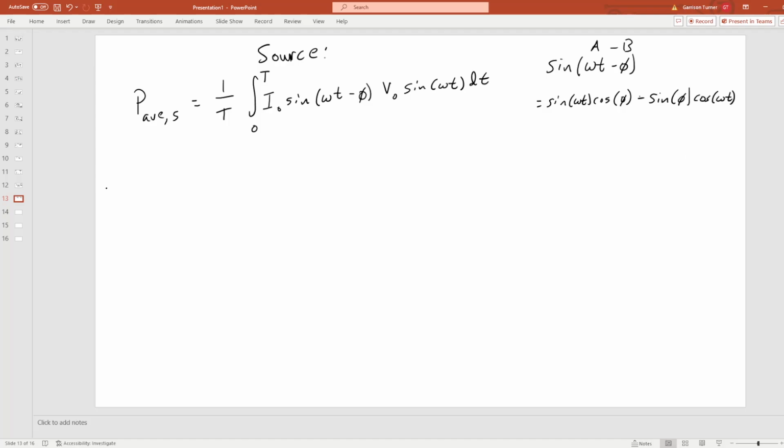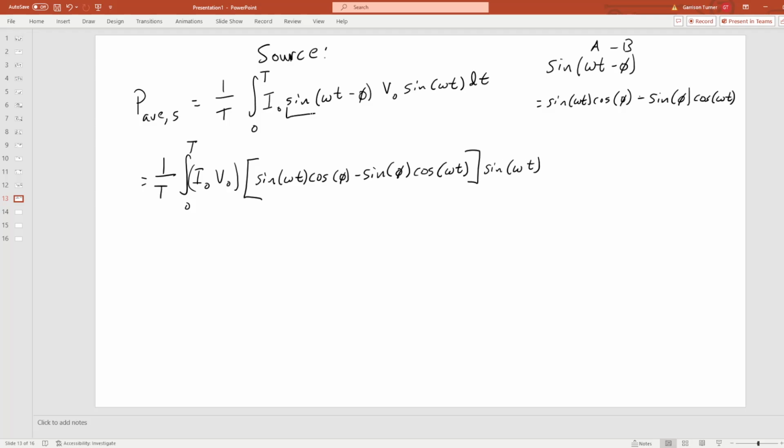So we're going to put that into our integral. And I'm going to go ahead and group my I naught and V naught together since they're just constant. And so we're going to have sine of omega t times cosine phi minus sine of phi times cosine of omega t, times sine omega t.